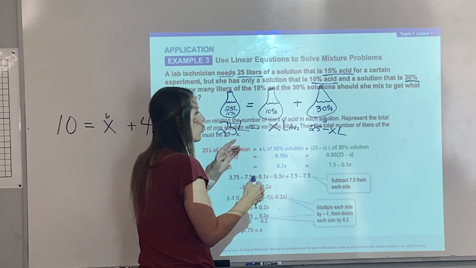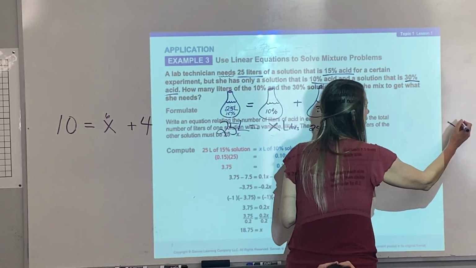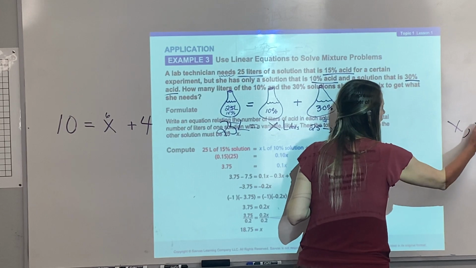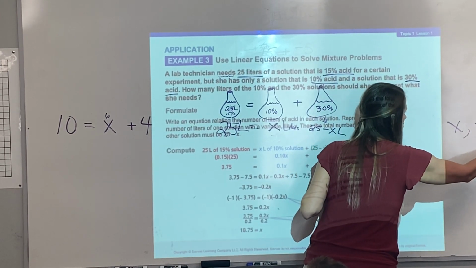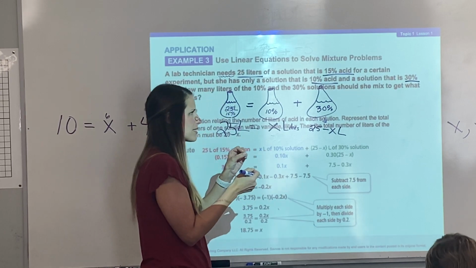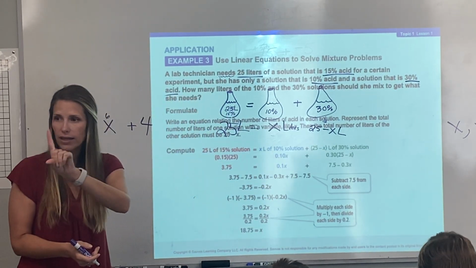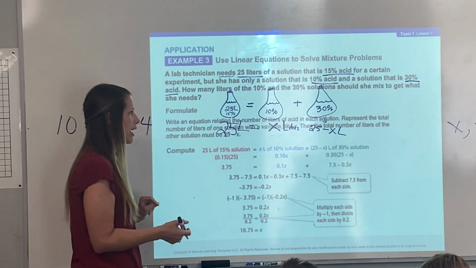So we have two missing numbers. Just like when we had consecutive integers, x, x plus 1, and x plus 2, we used x to represent the values, so when we solve, we only have one variable, okay?